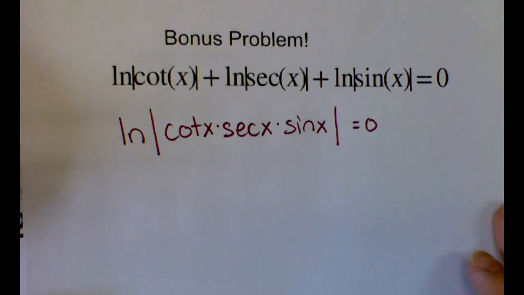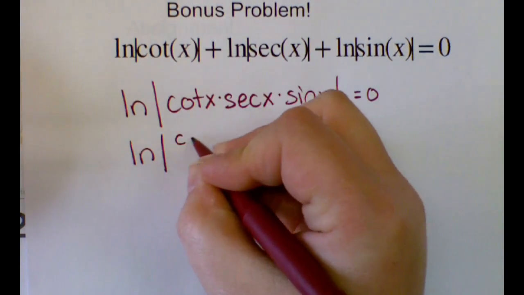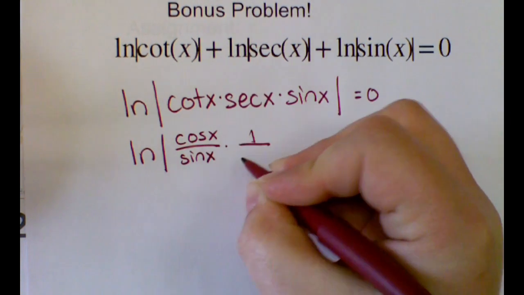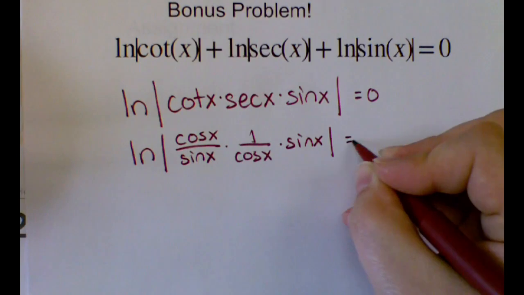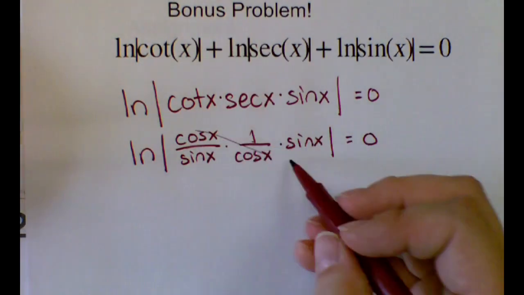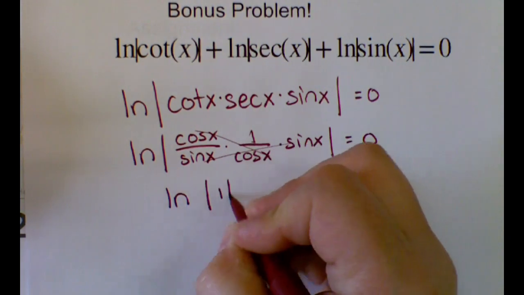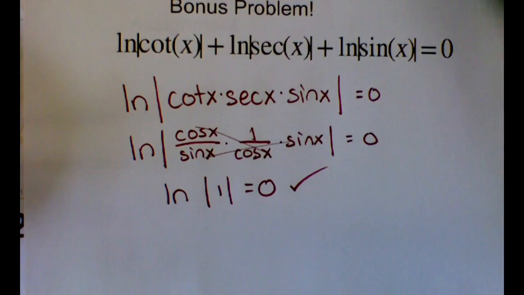I can actually solve this whole problem because I'll change everything into sines and cosines. I'm going to do that all at once just because it's our last example. Now look at that, my cosines and my sines all cancel. I have ln of 1 equals 0. And that is absolutely true. All right, those are all your examples for this section.